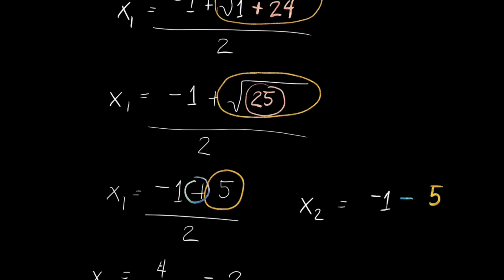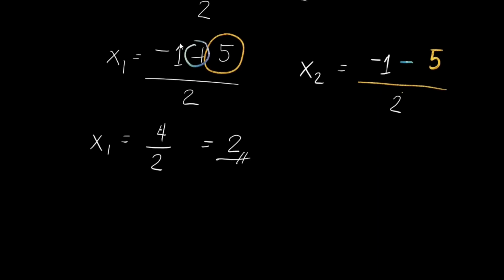O, di ba? Hindi ka na nahirapan. So, negative 1 minus 5 all over 2. Mabilis mo naman kukuha si x sub 2. So, x sub 2 mo will be negative 1 minus 5 is negative 6 over 2. So, x sub 2 is equal to negative 3.